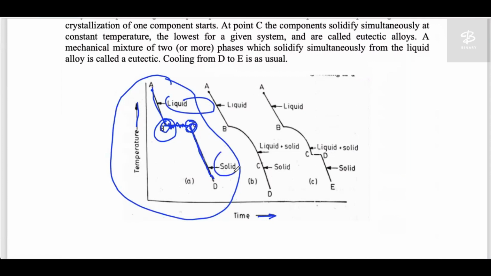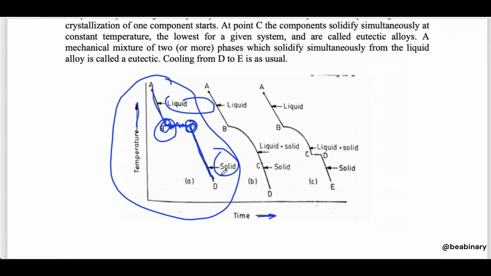Because the temperature of the solid is being decreased. Think about your refrigerator, not the freezer but the rest.